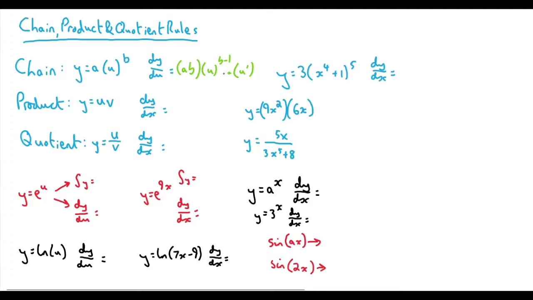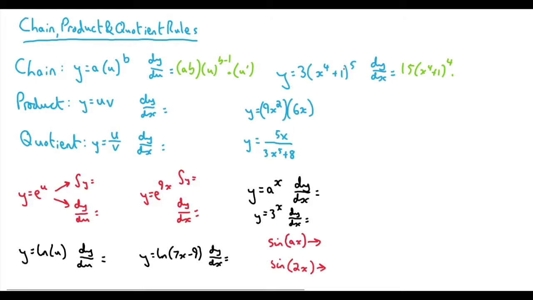We're getting a product. So in our example, if we have y equals 3 times brackets x to the power 4 plus 1, close brackets, to the power 5, the differential of this, 3 times 5, is going to be 15. Then the bracket is going to have its power taken down to 4. Then this is going to be times the differential of the bracket.